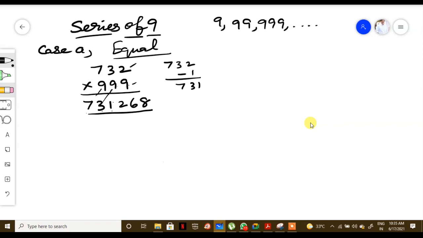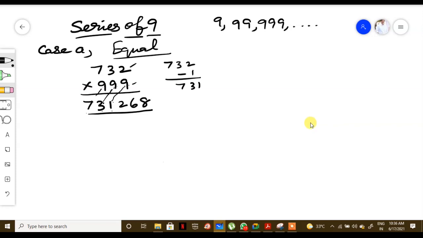Then we subtract: 9 minus 7 is 2, 9 minus 3 is 6, and 9 minus 1 is 8. That's all. We got the answer as 731268. It's very easy. Am I right, sir? In the school method, it is more difficult to multiply these two numbers, but we get the result in a single step in Vedic mathematics.